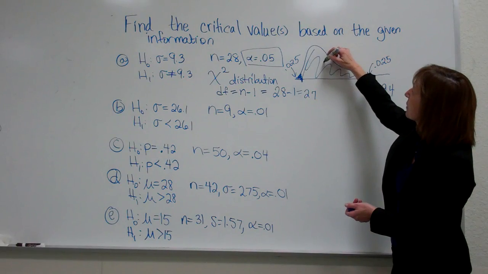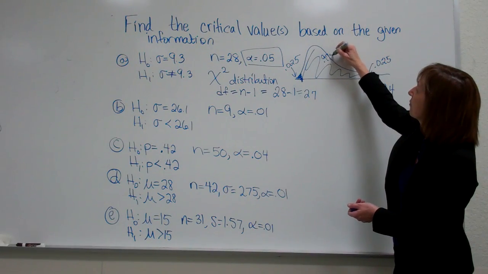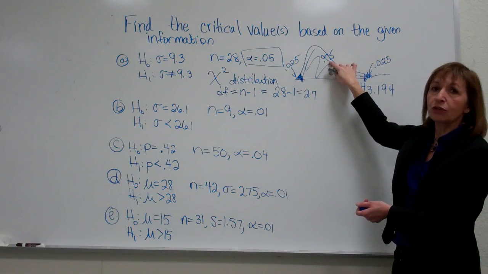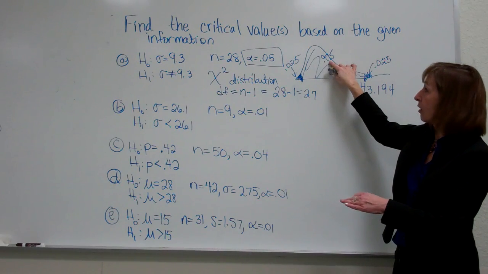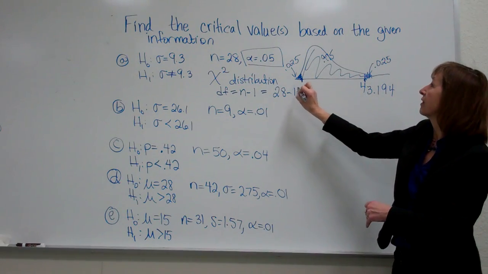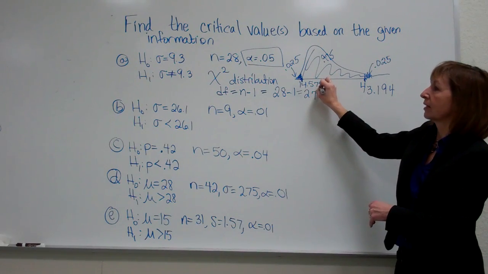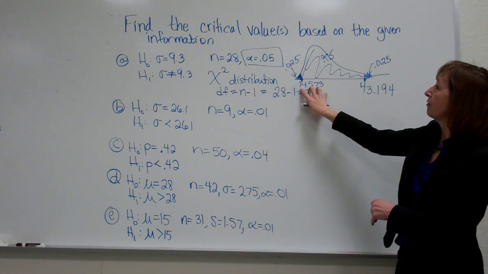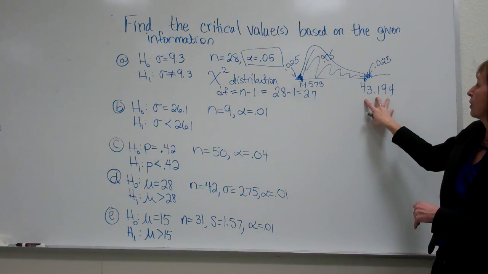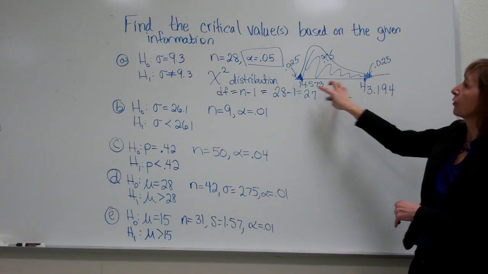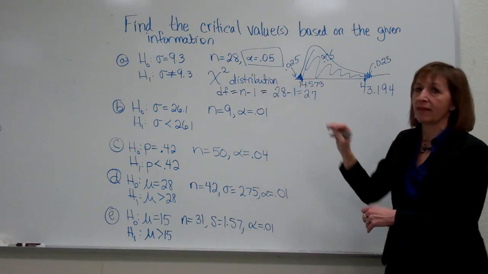In that circumstance it would be 0.975. And when you look under 0.975 across from the 27, you'll get the value 14.573. So the 14.573 and the 43.194 are the critical values for this hypothesis test.